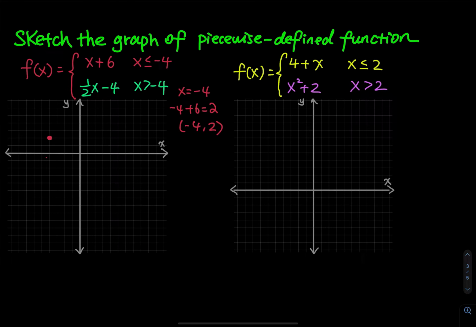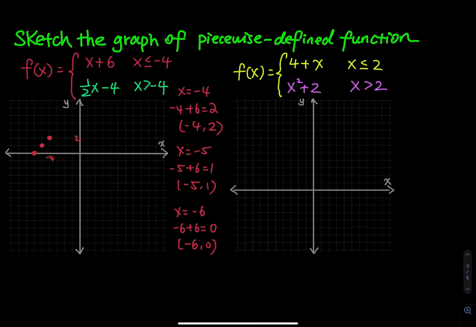And then when x equals negative 5, negative 5 plus 6 equals 1, so negative 5 comma 1. And then when x equals negative 6, we have negative 6 plus 6 equals 0, so negative 6 comma 0.